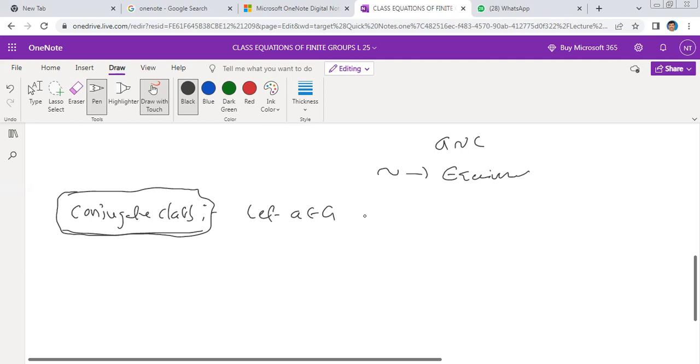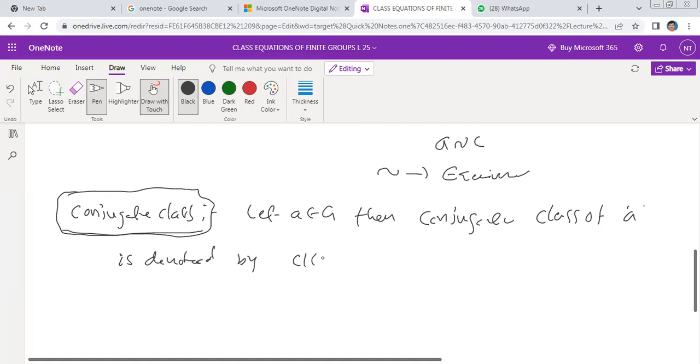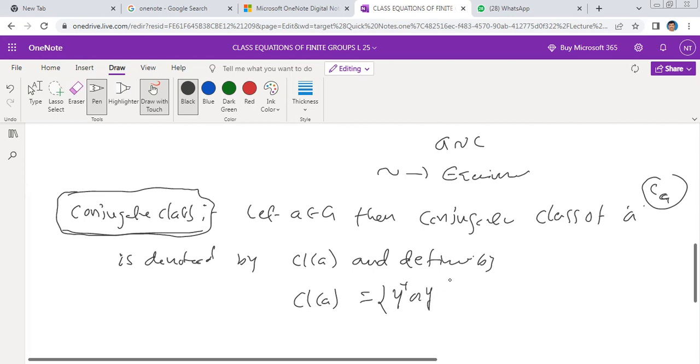Let A belong to G. Then the conjugate class of an element A is denoted by CL of A, or in some textbooks C(A). It is defined as: class of A is equal to the set of elements Y inverse A Y such that Y belongs to G.